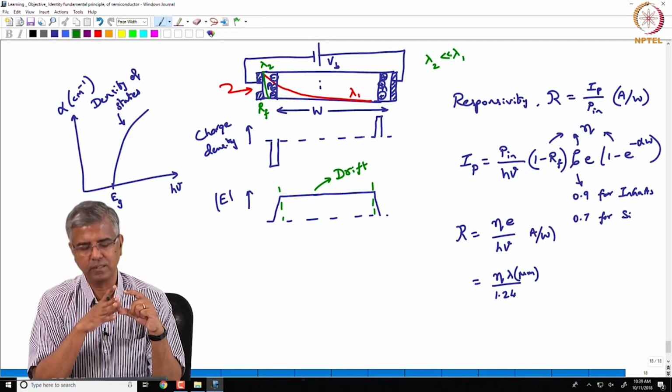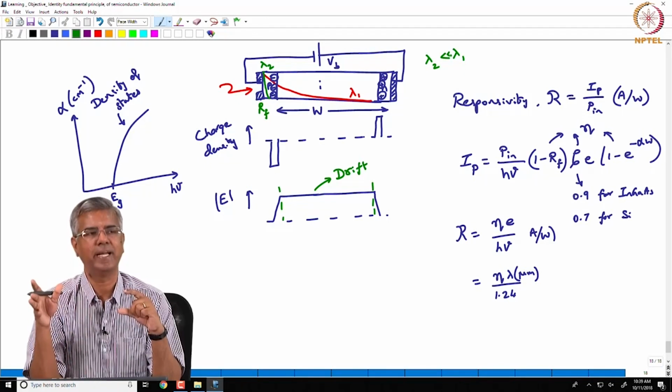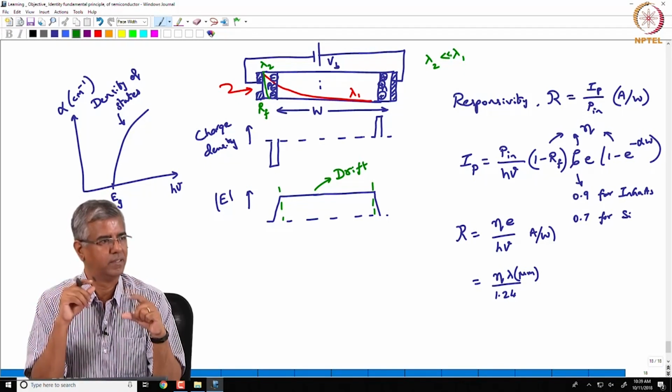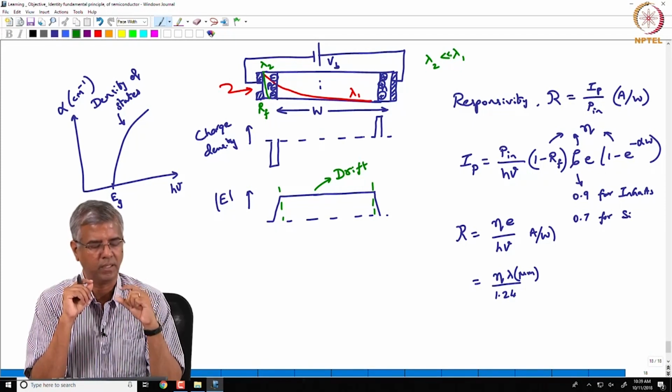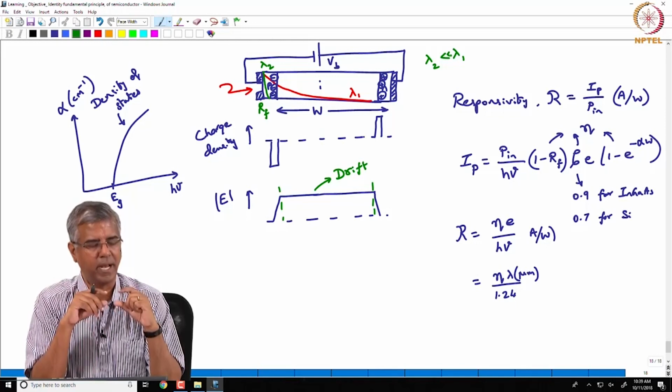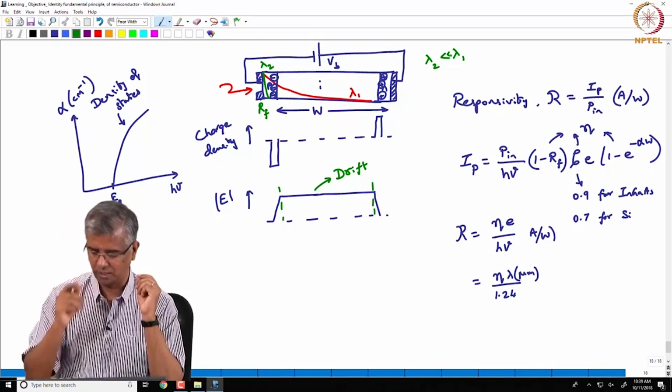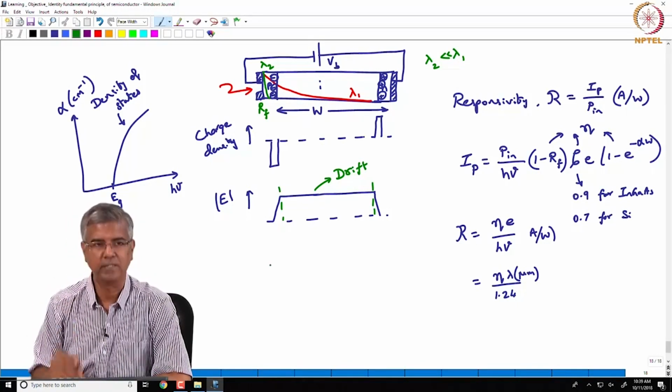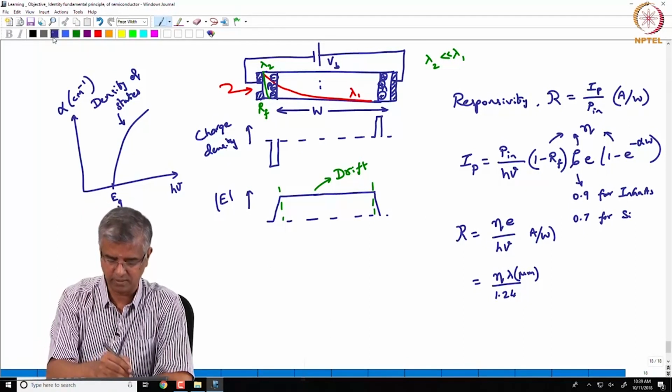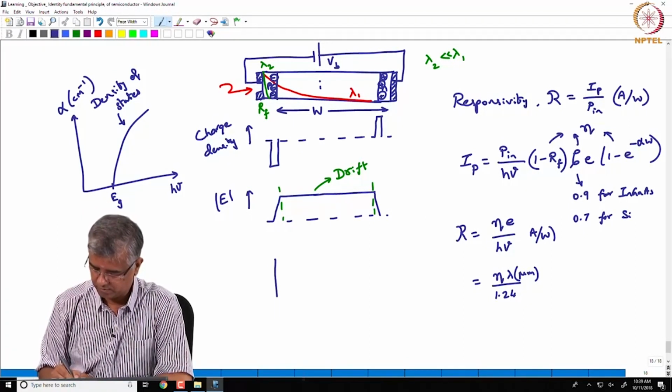Any wavelength which has a corresponding energy less than the band gap energy is not going to get absorbed. Let me just draw that. I know there is a question back there, but I will come back to that in a minute.